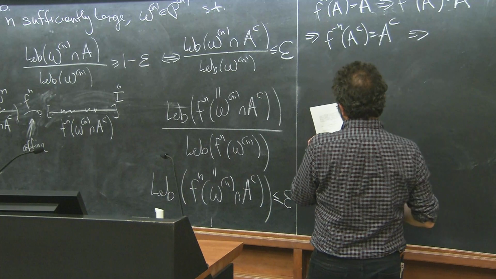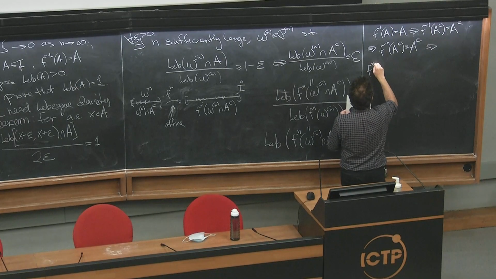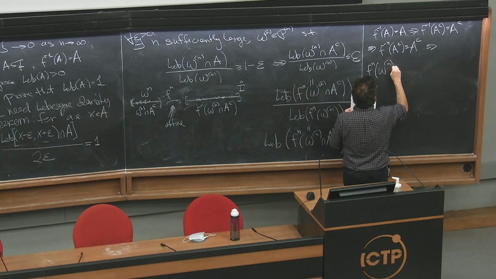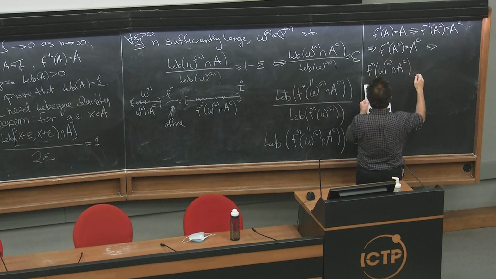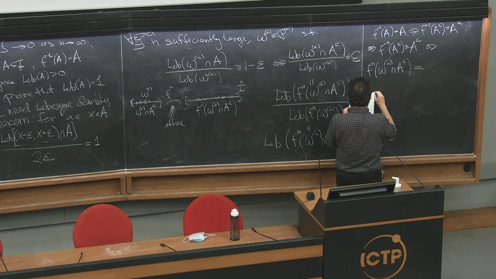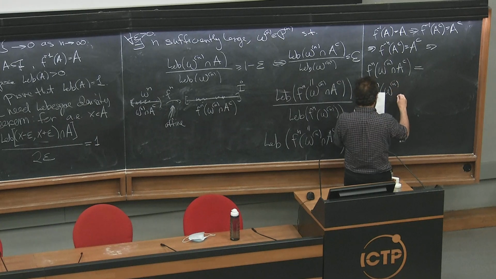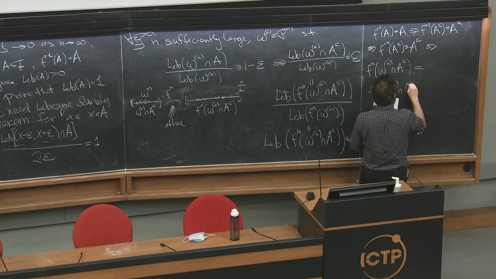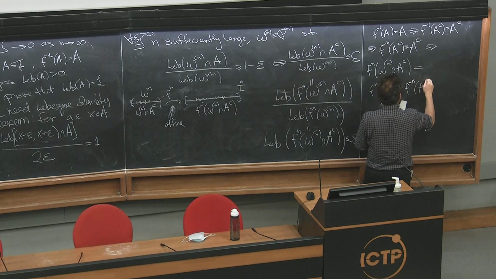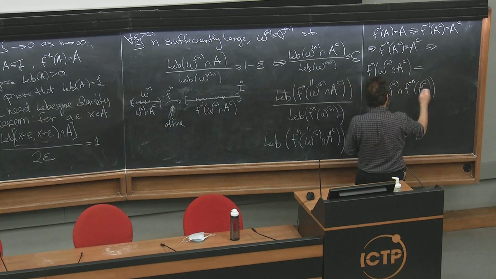And this implies, therefore, that Fn of omega n intersection AC is equal to Fn of omega n intersection F minus n of AC, right? Because AC is equal to F minus n of AC.